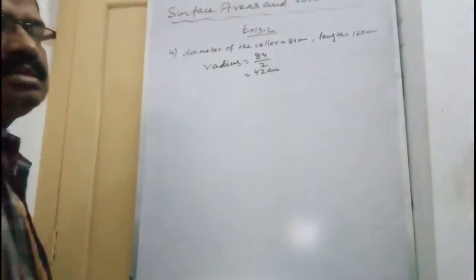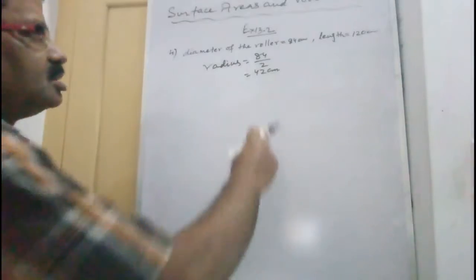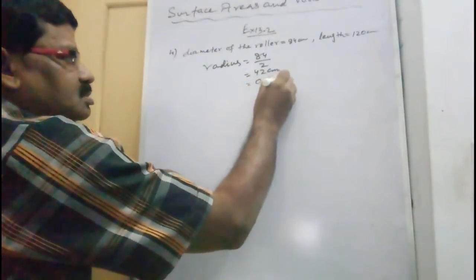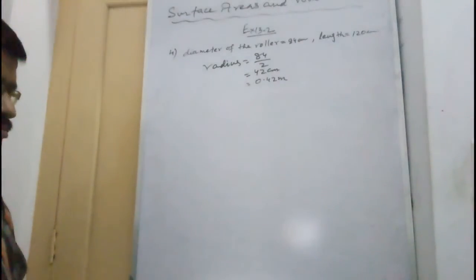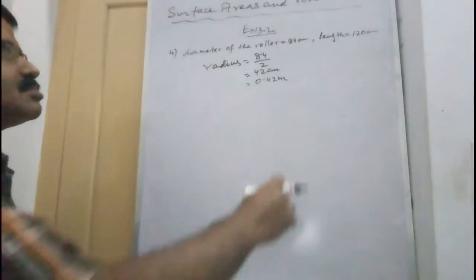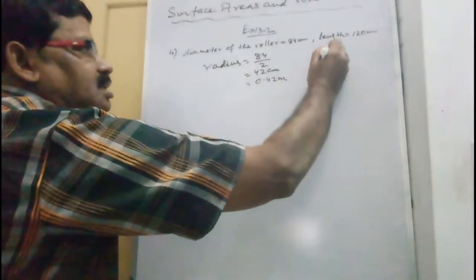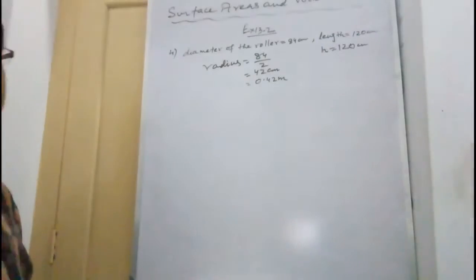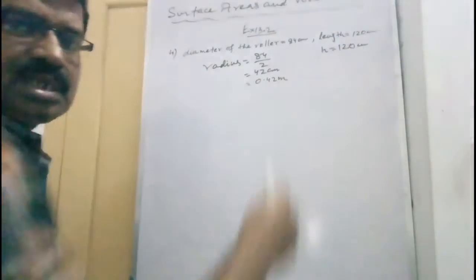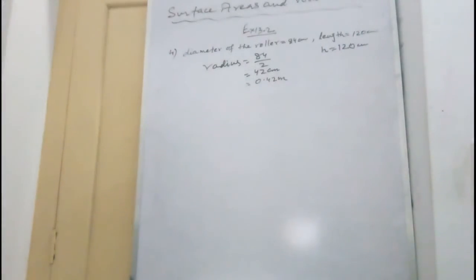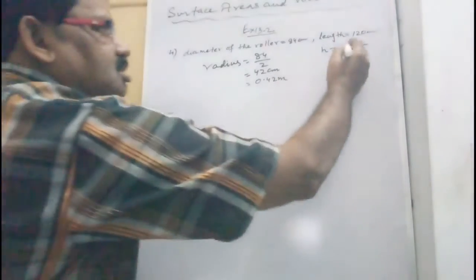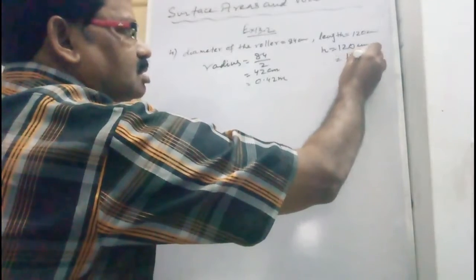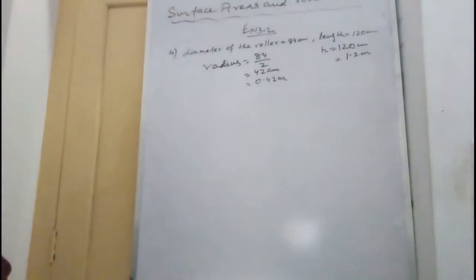As you have to find that in meter square, change that into meter. So 0.42 meter. So length, that means height, is also in centimeter, so change that into meter. Divided by 100, which is equal to 1.2 meter.